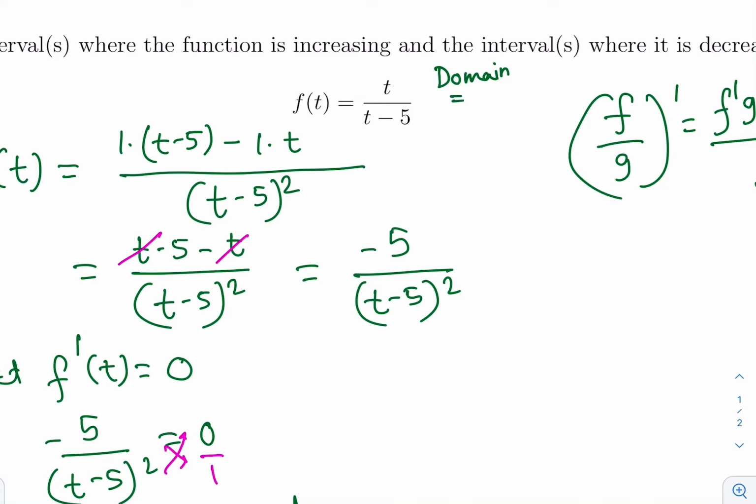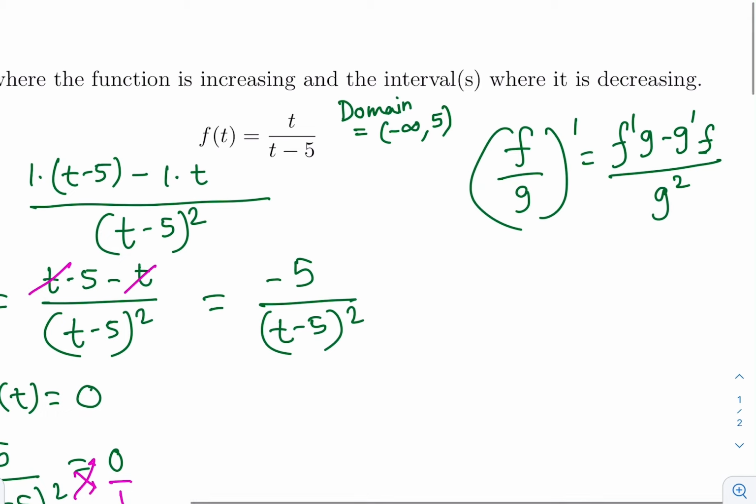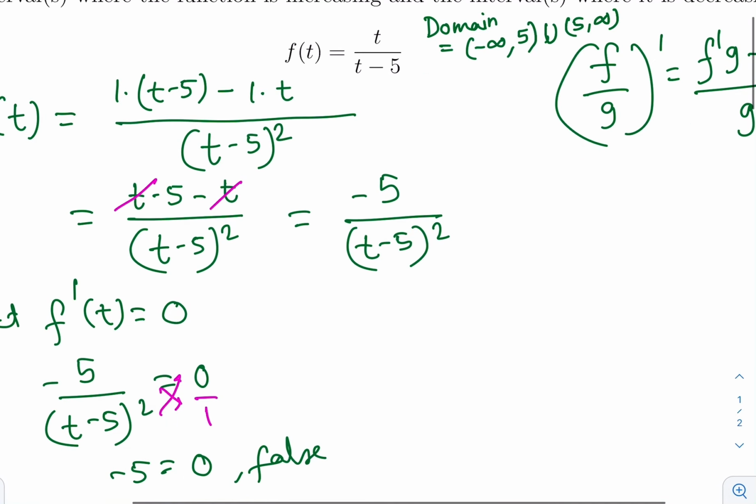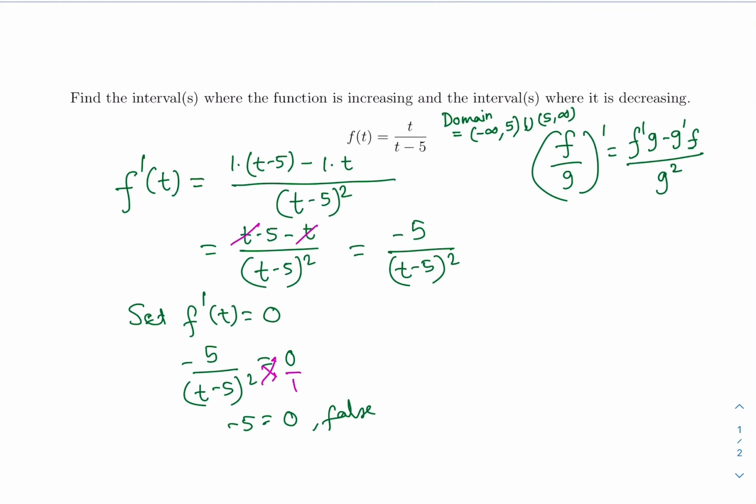We can write the domain as negative infinity through 5, union 5 through infinity. So 5 is not in the domain. The derivative is undefined at 5 as well, but that's not in the domain. So we have no critical numbers because the derivative is never 0.